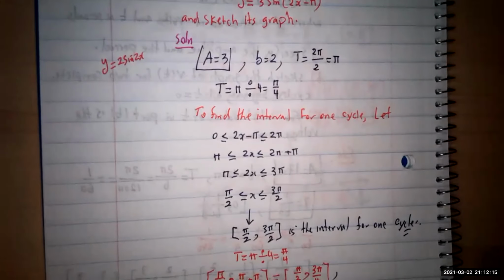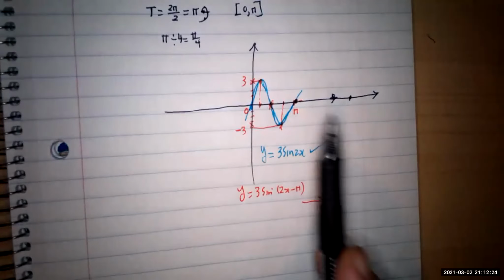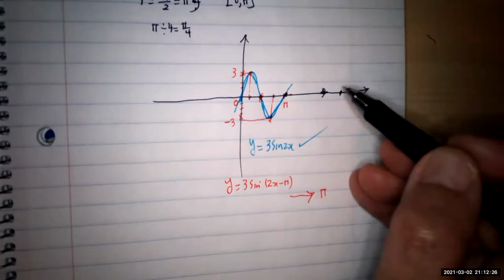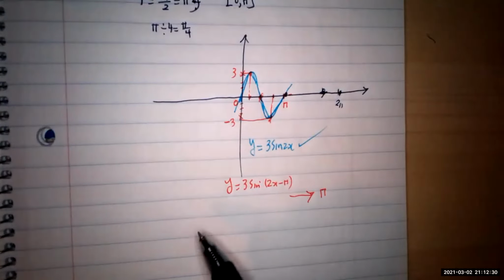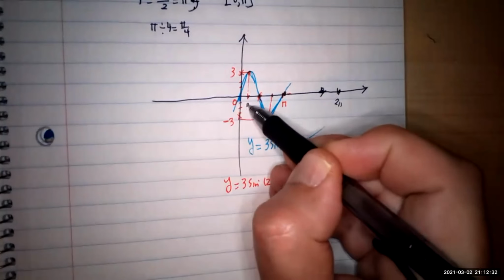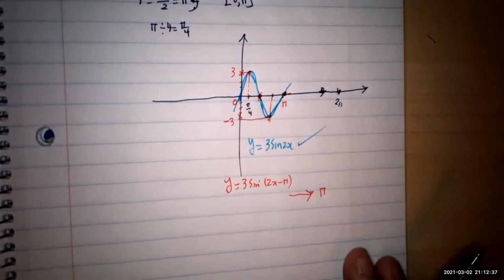Let me see what we have here. Okay, we go up to 3 pi over 2, and then we go to 2 pi, and these are the points that you shift. That was pi over 4, the pi over 2.